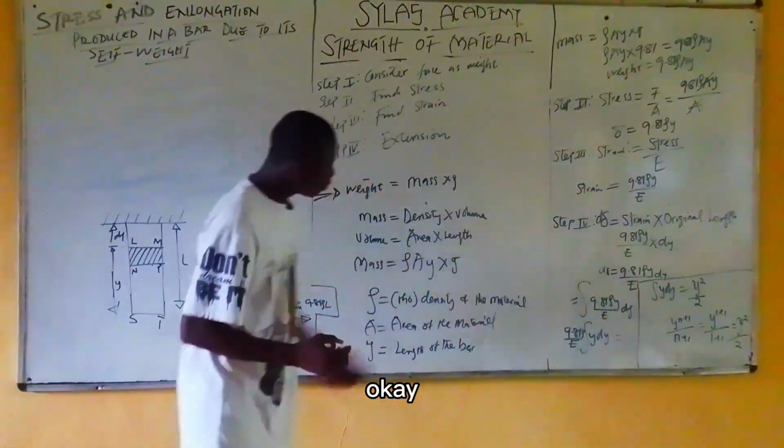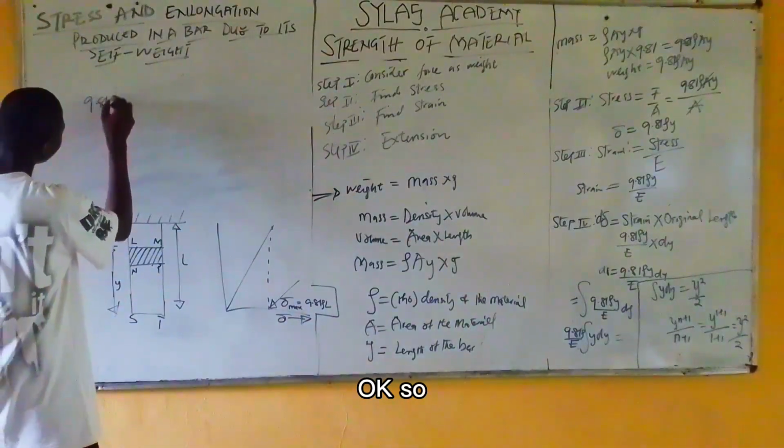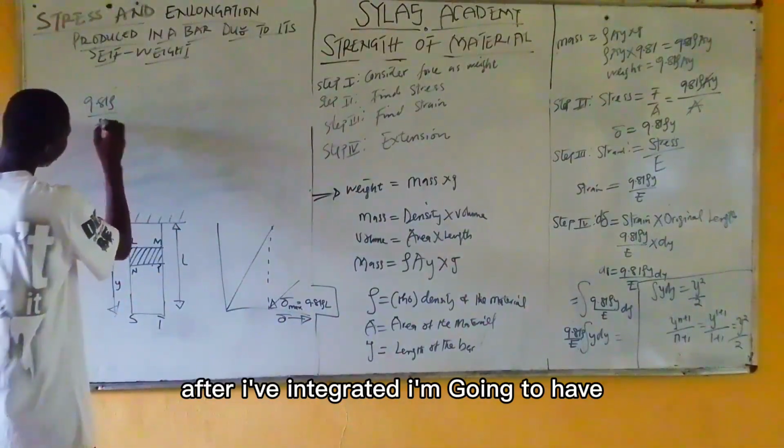After I integrate, I'm going to have 9.81 rho over E, right?